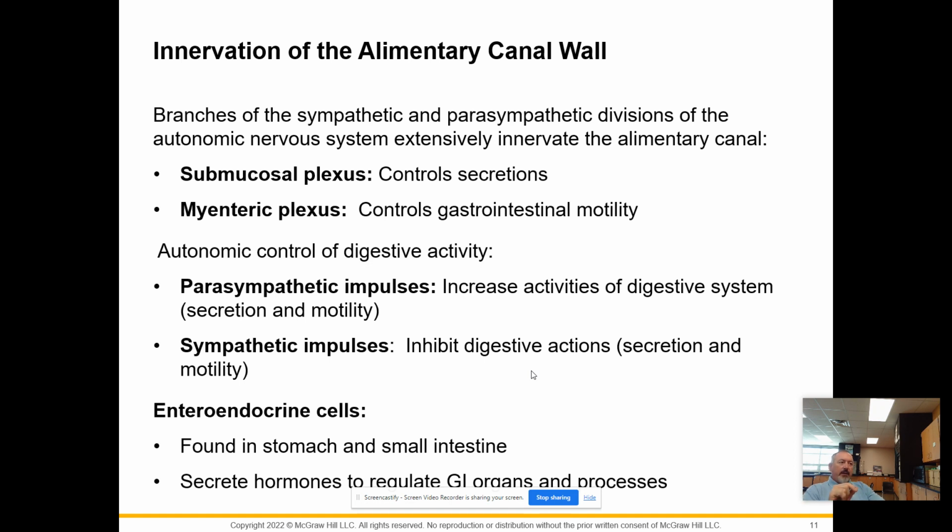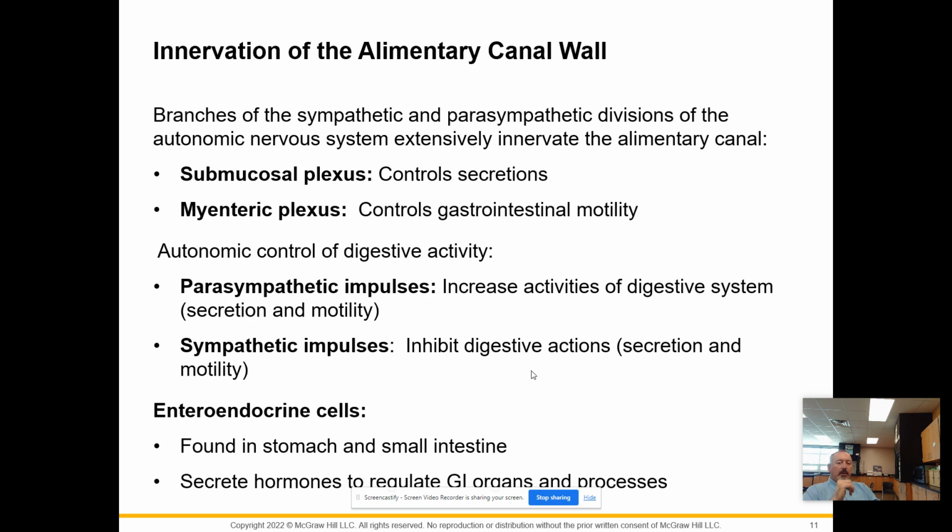Now, sympathetic is going to have an action if at some point we need to prevent the rest and digest and move on to something else. So if we want to stop the secretion and the motility, the sympathetic nervous system would take care of that. The submucosal plexus is going to control secretion, and the myenteric plexus is going to control gastrointestinal motility.